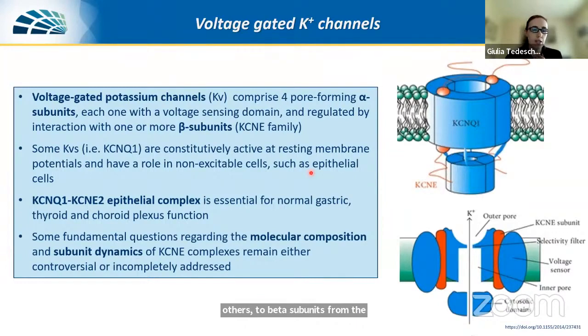Some of these channels, like the one we're interested in, Q1, are active constitutively at the resting membrane potential and also have a role in non-excitable cells, such as epithelial cells. In particular, this complex, Q1E2, is an epithelial complex that is essential for normal gastric, thyroid, and choroid plexus function.